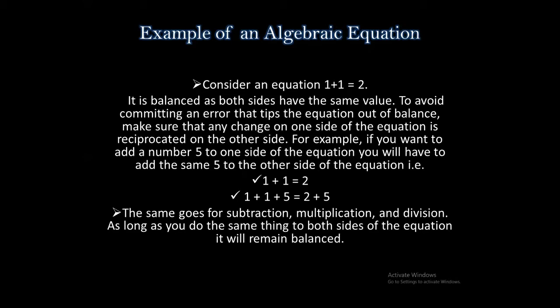For example, if you want to add the number 5 to one side of the equation, you will have to add the same number 5 to the other side of the equation. That is, 1 plus 1 is equal to 2, so 1 plus 1 plus 5 is equal to 2 plus 5. This is how you have to add on both sides. The same goes for subtraction, multiplication and division. As long as you do the same thing on both sides, the equation will remain balanced.